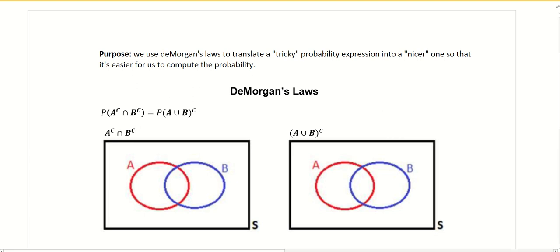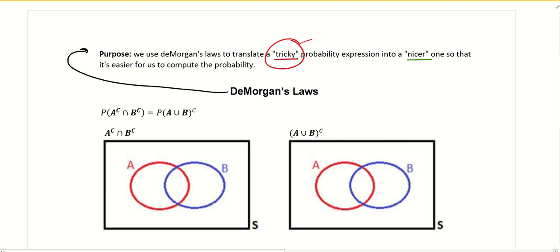So when we think about deMorgan's laws for the purposes of this course, these are really, again, a tool or a technique that we can use. And specifically, we use deMorgan's laws to translate what I call a tricky probability expression into what I call a nicer probability expression so that it's easier for us to compute the probability we want. So basically, deMorgan's laws are a tool that we can use if we have a certain form of a tricky expression.